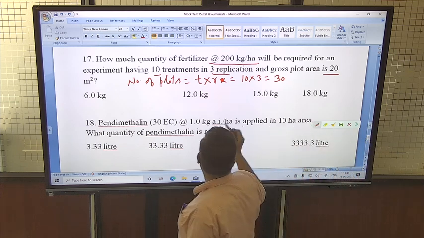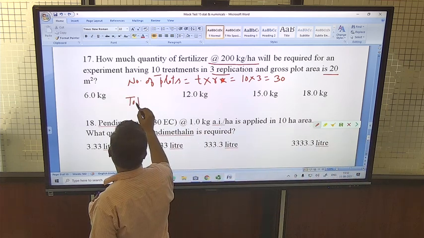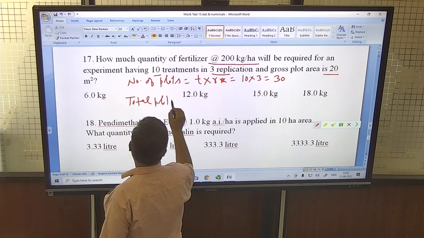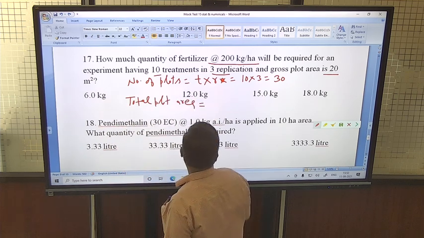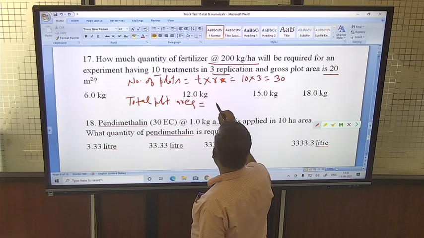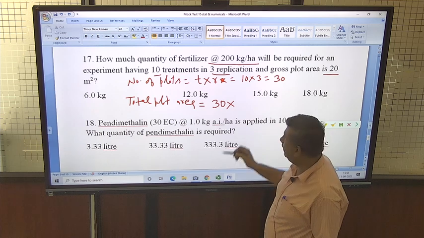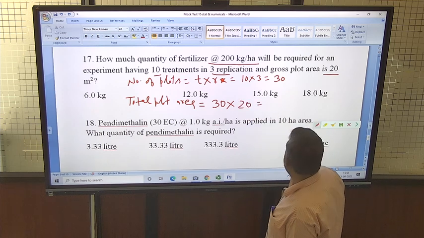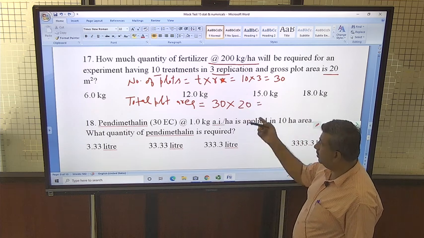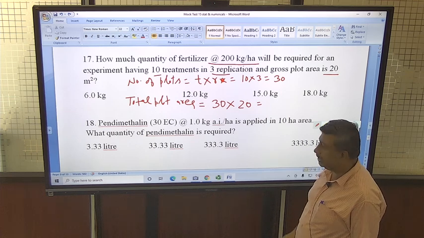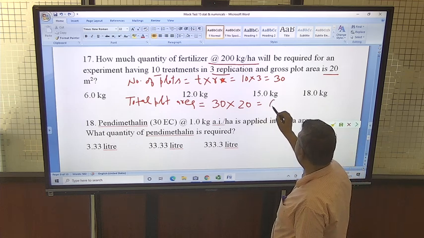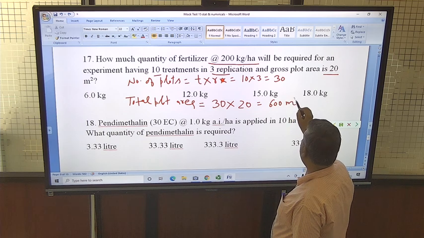And the total plot area is simply the number of plots multiplied by one plot area, 20 square meters. Then we can easily calculate how much area is required for 30 plots, that is 600 square meter area.